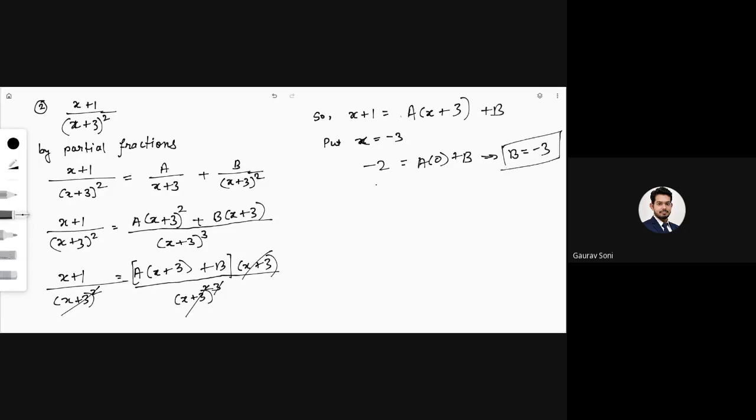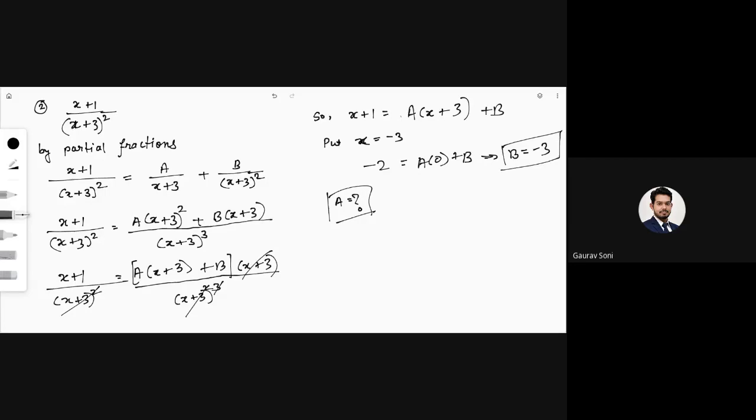How to find out a now? Dekho, one thing about maths you will have to understand.